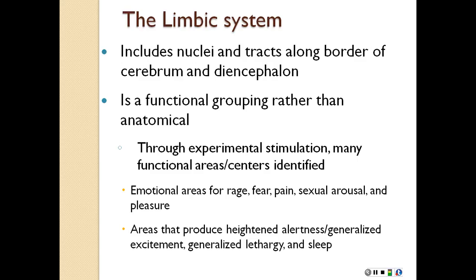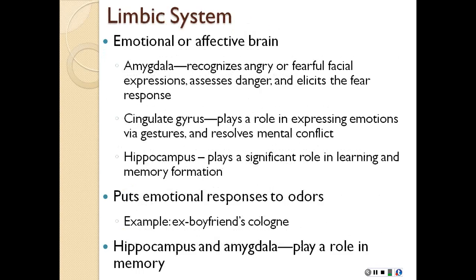So areas that produce heightened alertness, generalized excitement, generalized lethargy. So just those areas of emotion, also called the affective brain. And the main part I'll ask you about is the hippocampus. Plays a significant role in learning and memory formation.